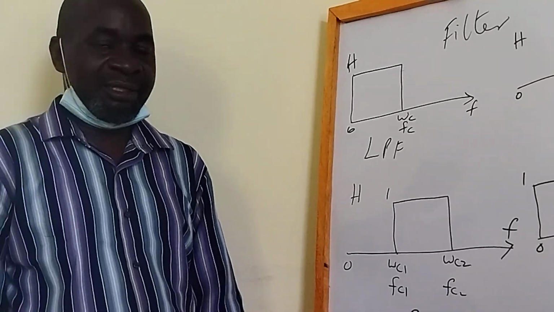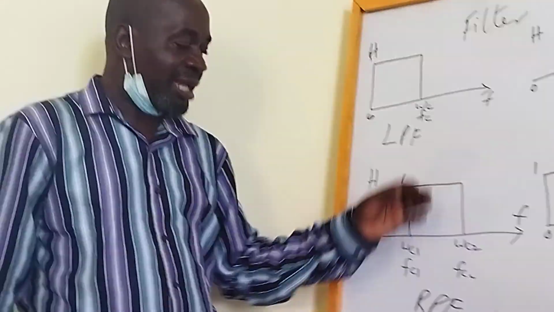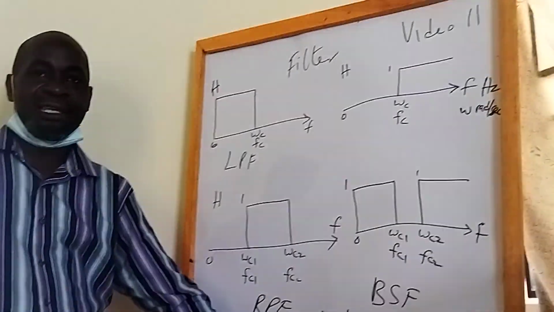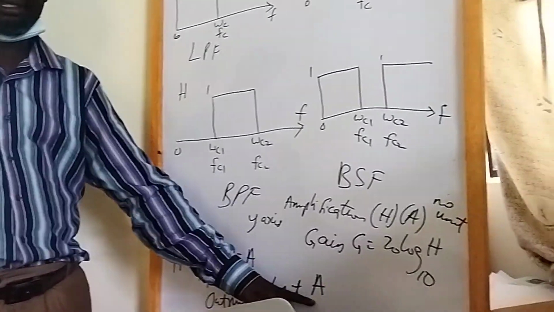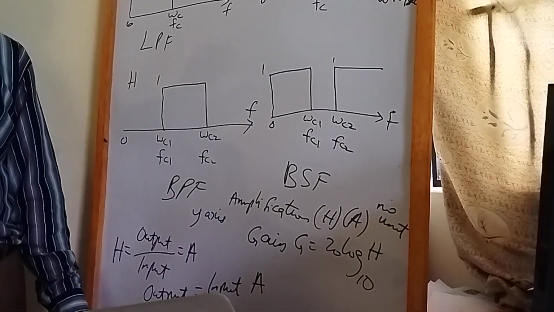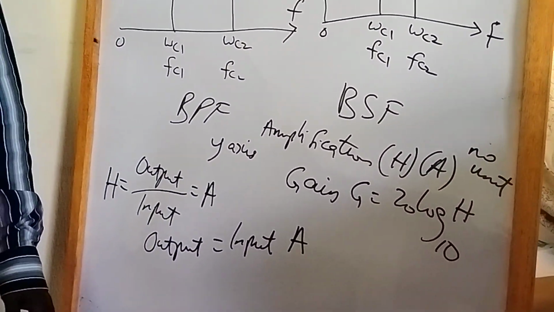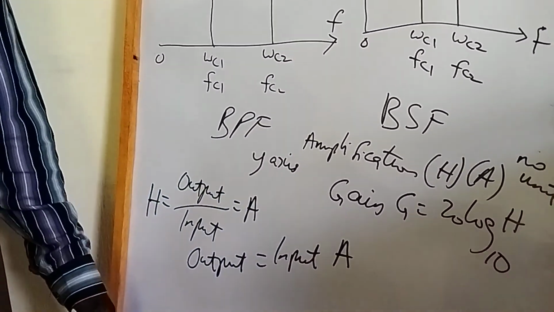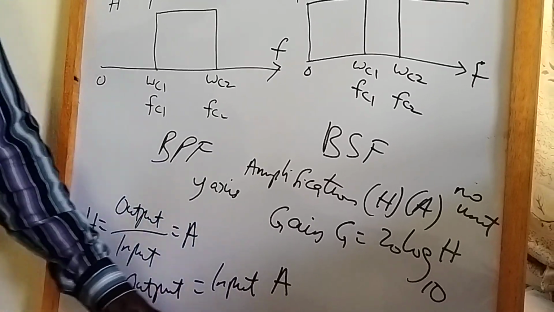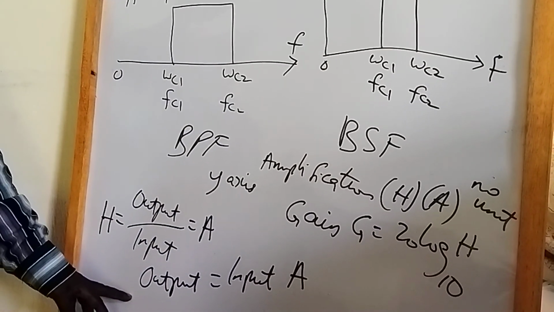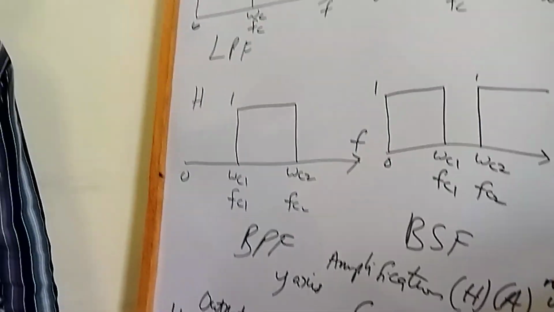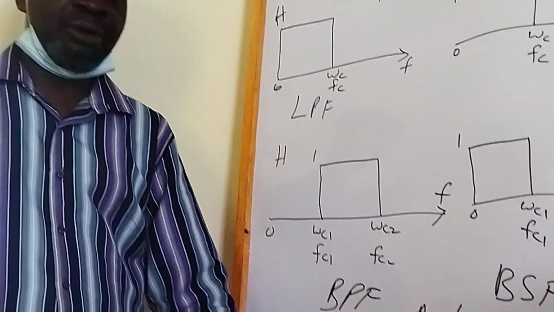Let me explain again. The way the filter works is that it has different values of A for different frequencies. For the frequencies to be passed, it makes A to be 1. So if A is 1, whatever the input is is multiplied by 1 and becomes the output. But for the frequencies we want to block, we make A to be 0.